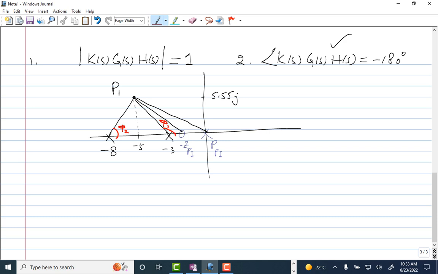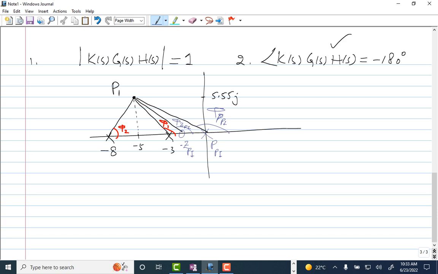Now I use a different color: I make this angle phi of Z_PI, and this angle phi of P_PI.